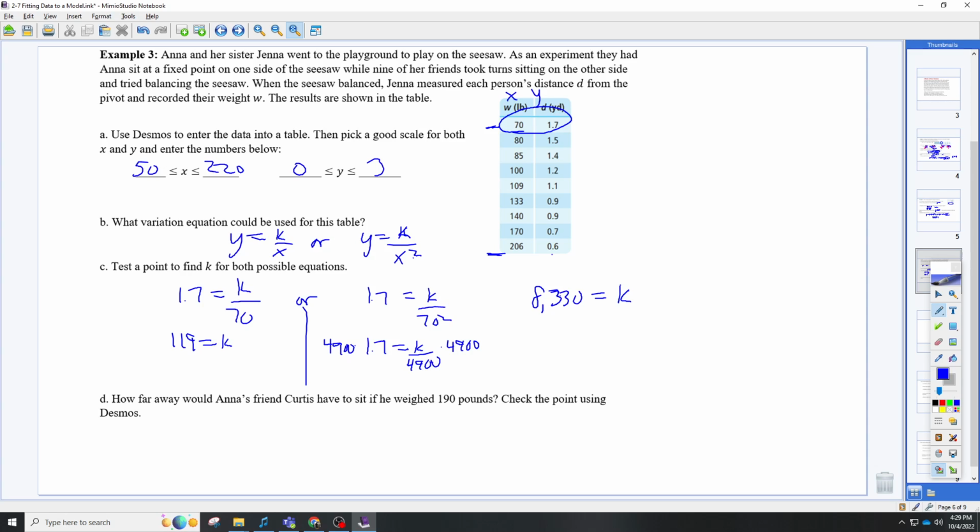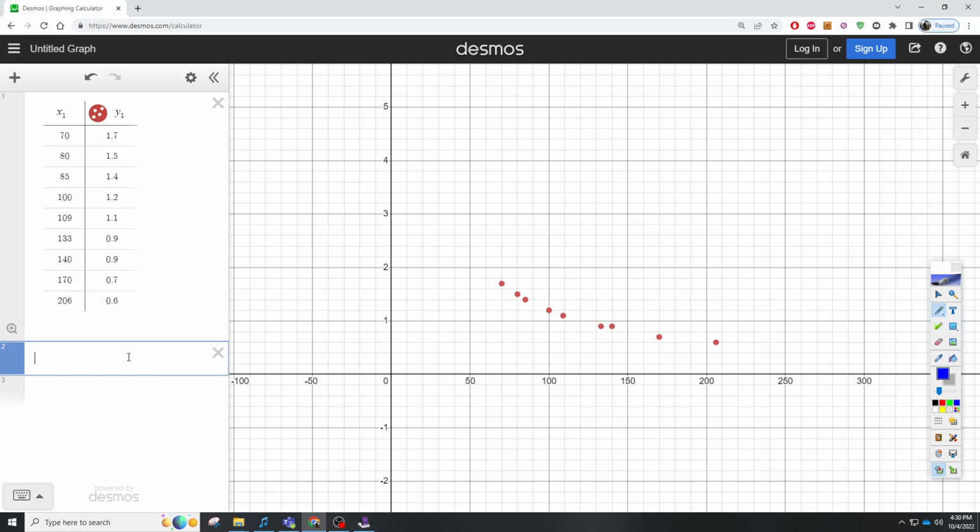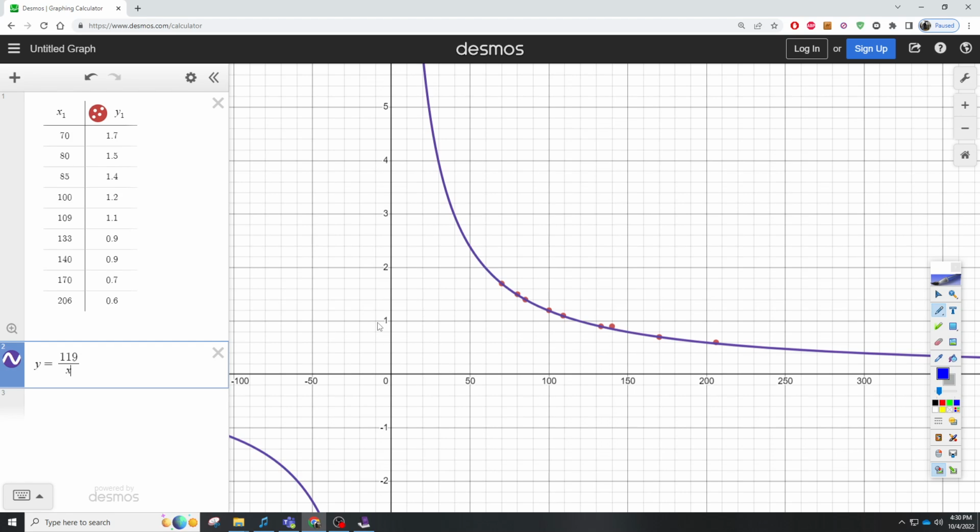So remember, on the left-hand side, we would have the equation y equals 119 over x. And on the right-hand side, we'd have y equals 8,330 over x squared. So we're going to test both of these just to see which one would work better. So we have y equals 119 over x. Look at all these points that it's going through.